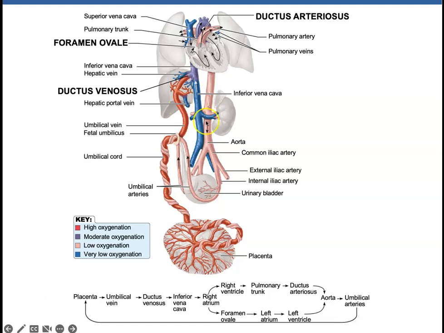So the baby's hemoglobin is actually different than the hemoglobin we have outside of the womb. It's able to transport the oxygen in the manner that the baby needs, and it's able to carry the oxygen and unload it in a much more efficient manner than what we have right now. Once you're outside the body, we have air.